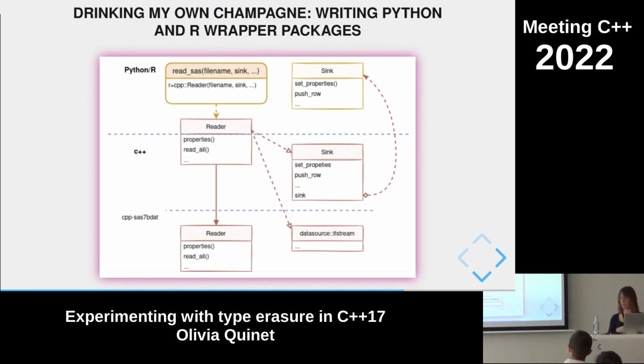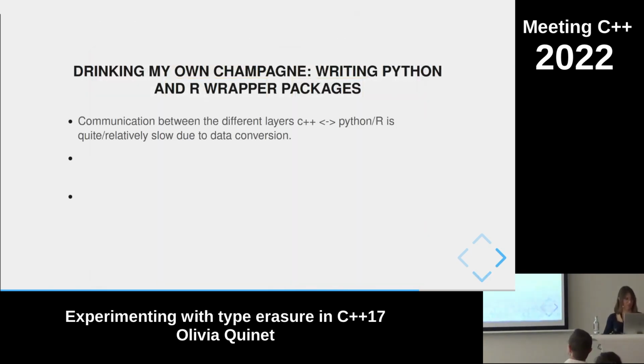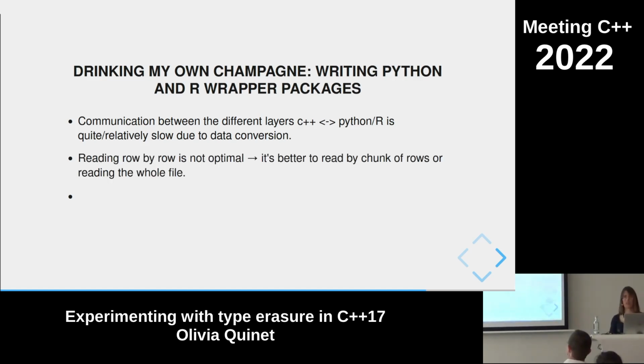Everything was fine and looked okay, except that the performance was bad, because communication between the different layers, C++ and Python or R, is in fact slow, since you have to do a lot of data conversion. So the push row, not so much. It's better to read by chunks of rows, or in fact read the whole file and then create the data frame in the default type that is available in those languages.